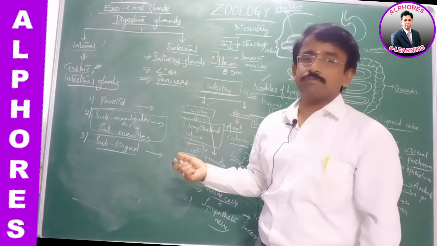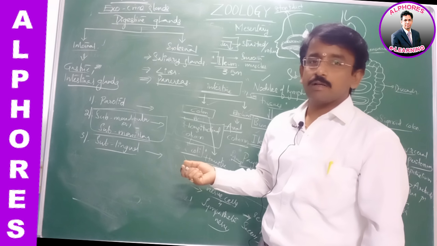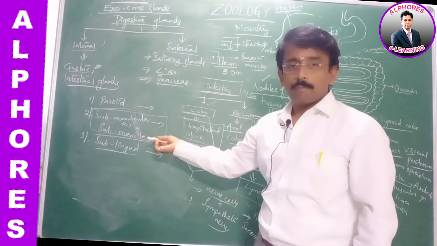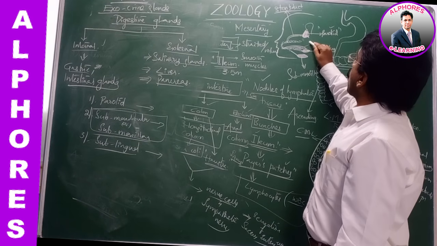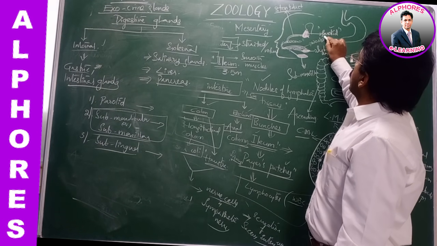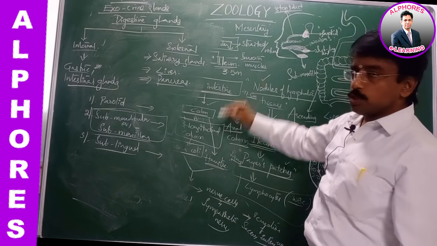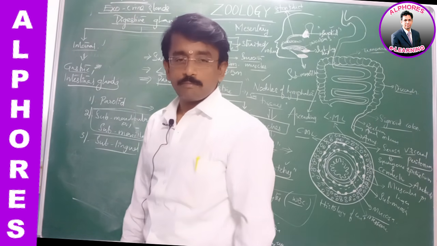At the angles of the jaw they are present, hence they got the name. By means of their duct, named Wharton's duct, they open into the oral cavity.